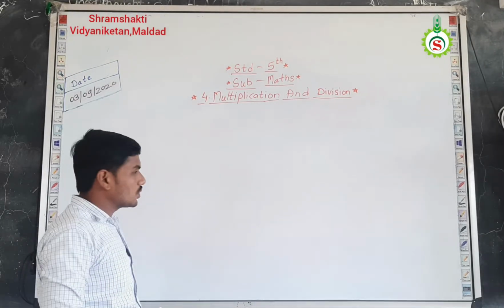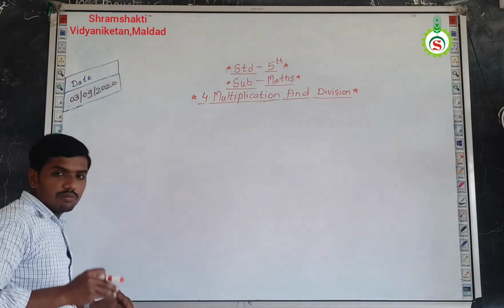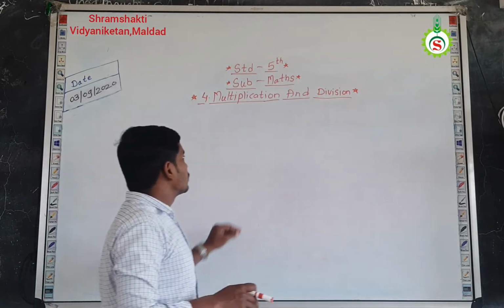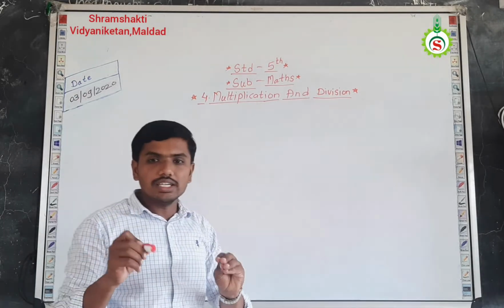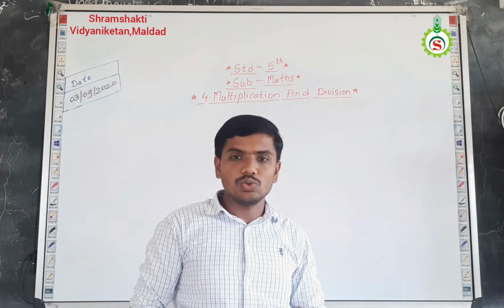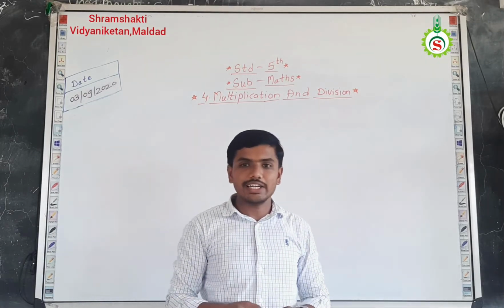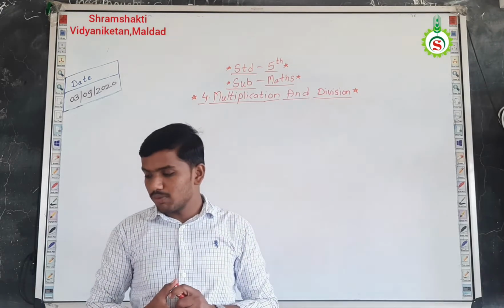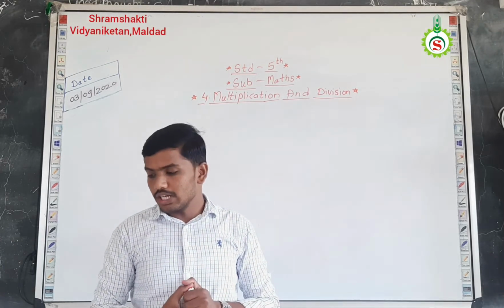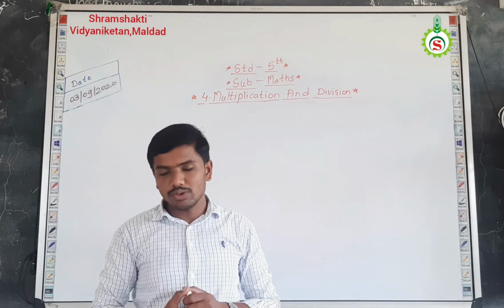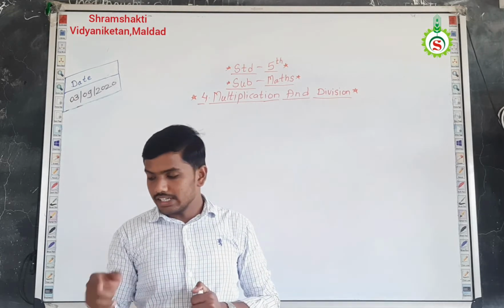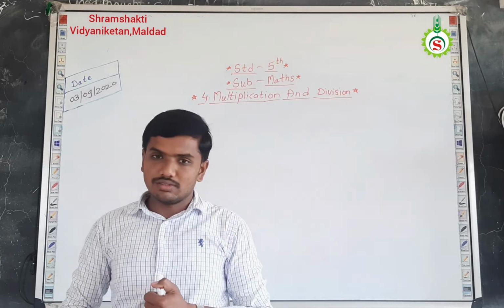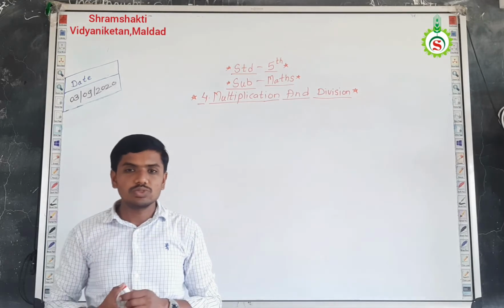So I think now all of you are able to do the multiplication of the given numbers. I have given homework related to multiplication, on page number 60, problem set 14. In that problem set 14, question number 1 is multiply, and it contains 12 problems. Those 12 problems you had to solve.